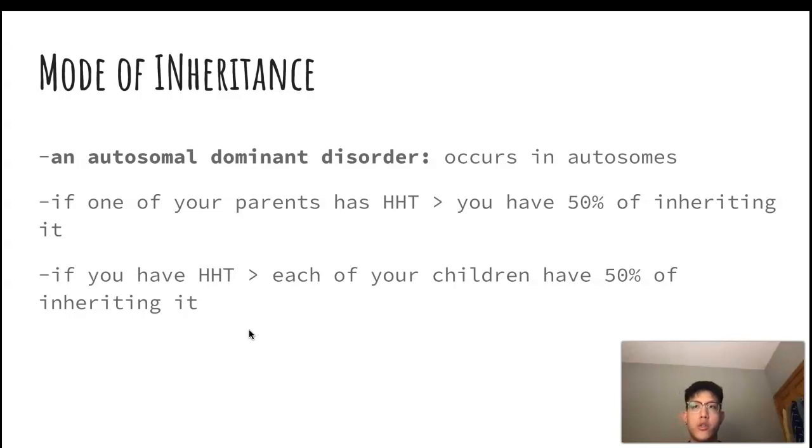Compared to autosomal recessive disorders, how they differ is that here we only need one copy, while autosomal recessive disorders need 2 copies of the mutant gene for it to be expressed. And if you have only one mutant gene, you are considered a carrier in autosomal recessive disorders.